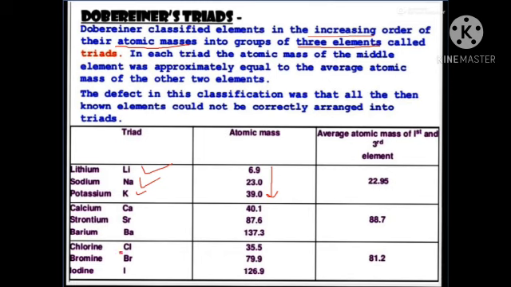There are only 3 triads in which we can see this pattern, but not more than these 3. This triad formula was not applicable to the other elements. That's why this was the drawback of Daubernier triads.